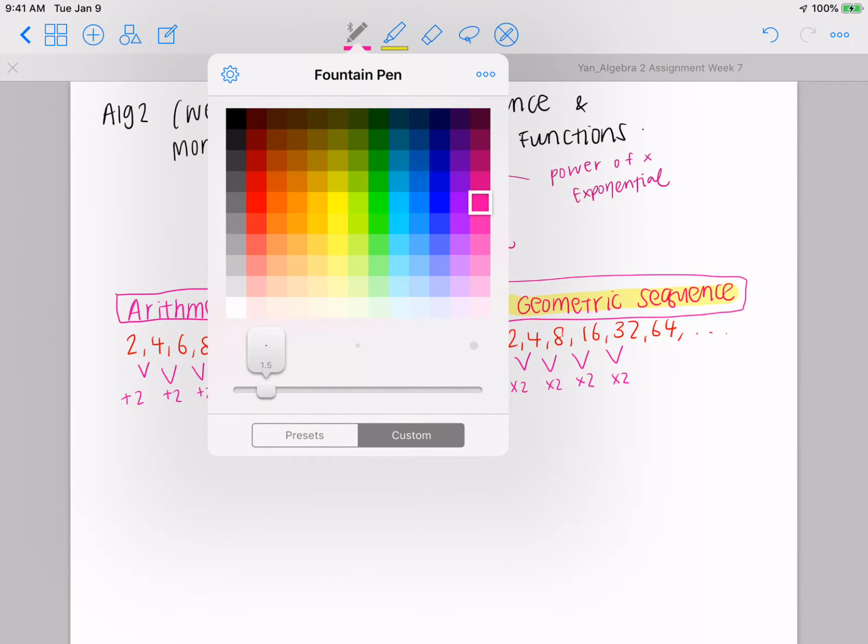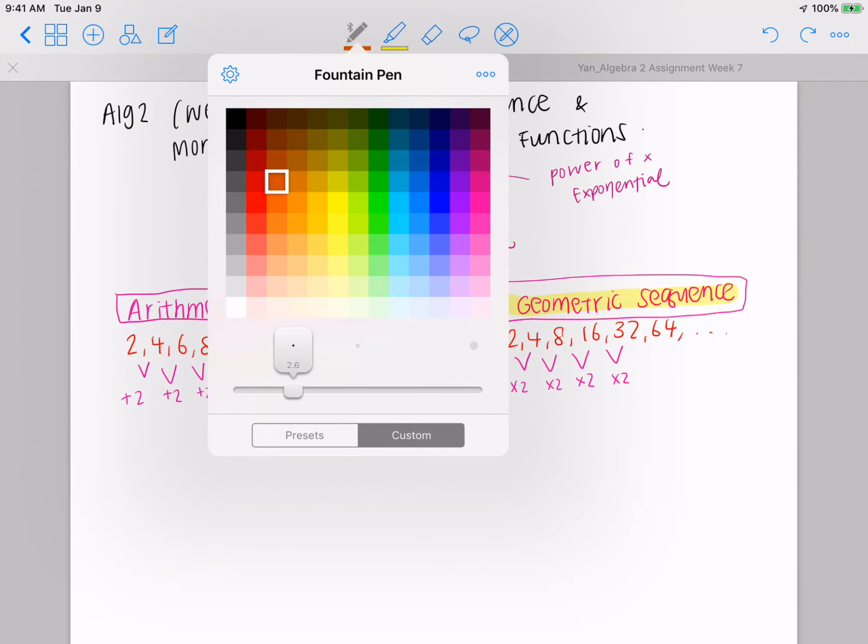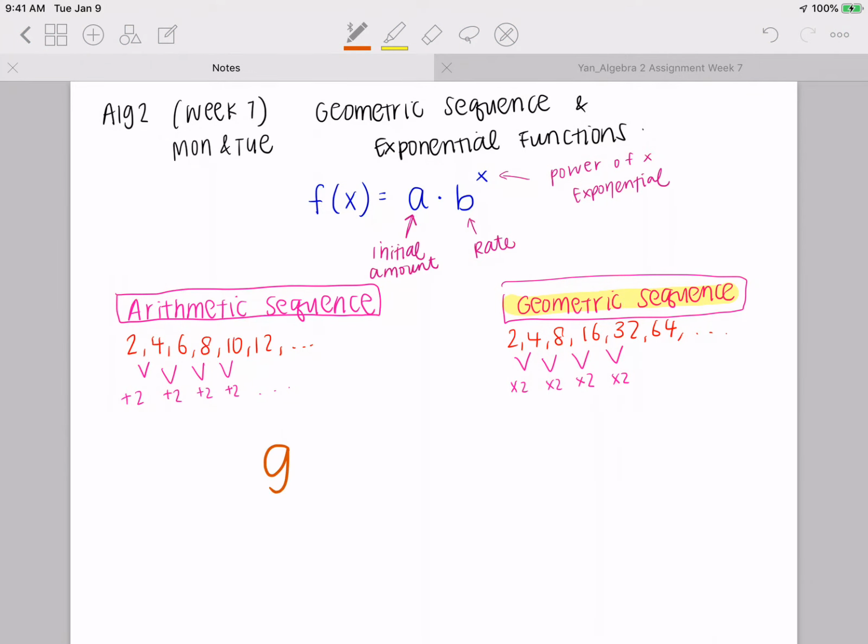And there's a formula that's very similar to the exponential function, which is g, actually let me write that in thicker. So g sub n equals g sub 1 times r to the n minus 1.